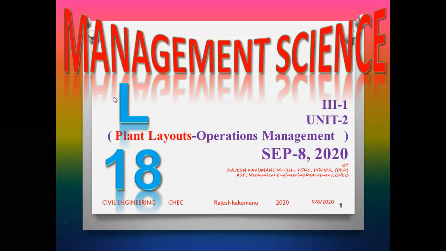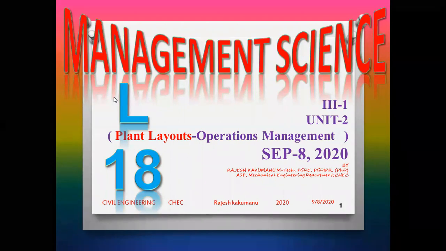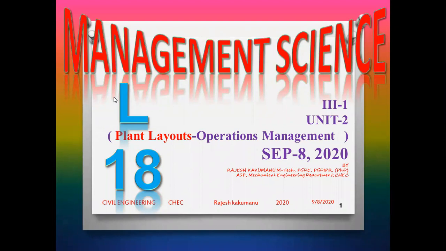Like this, we have completed some topics in the initial classes. With these concepts, I think we have got the knowledge about what operations management is, what the role of the operations manager is, where the scopes of operations management are, what the services and goods are, and what the types of productivity are. We have got an idea.